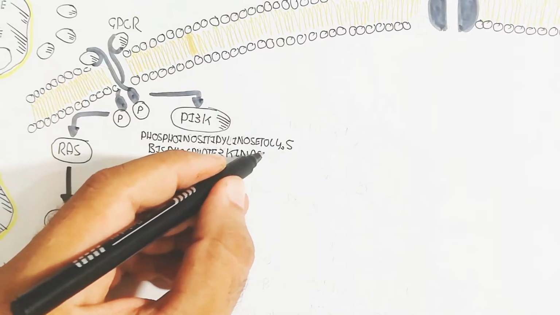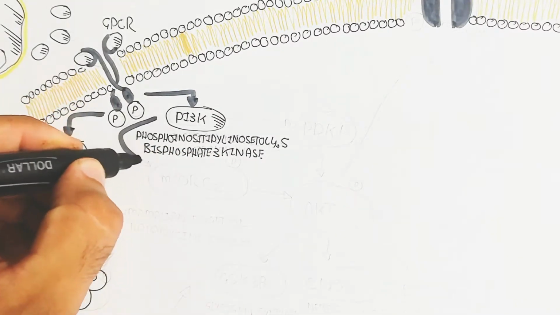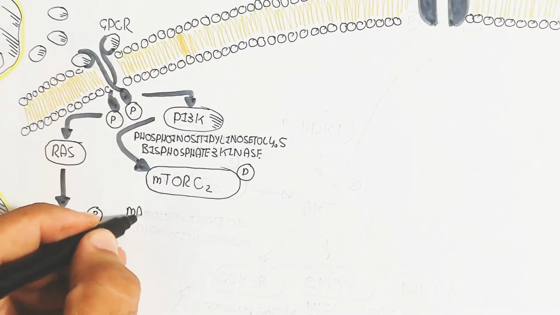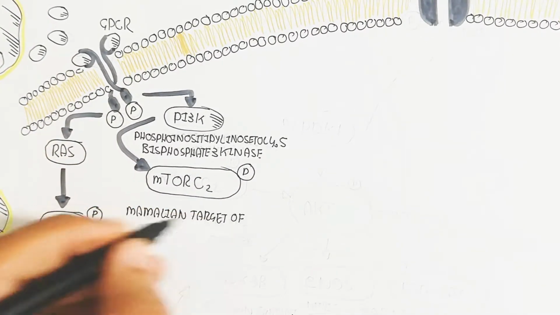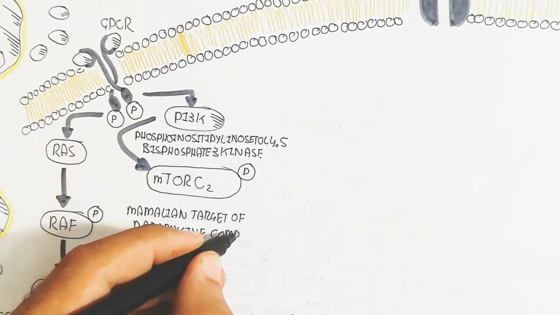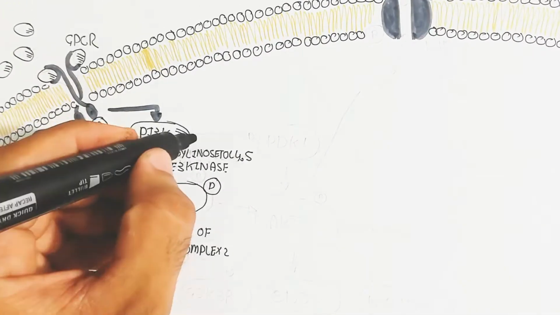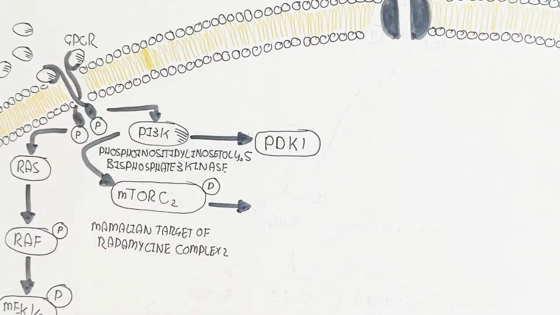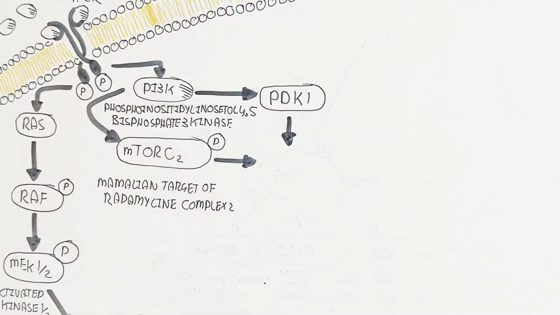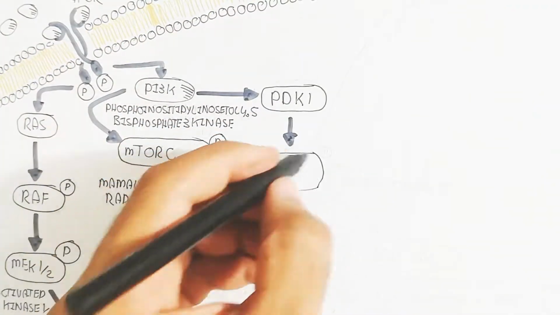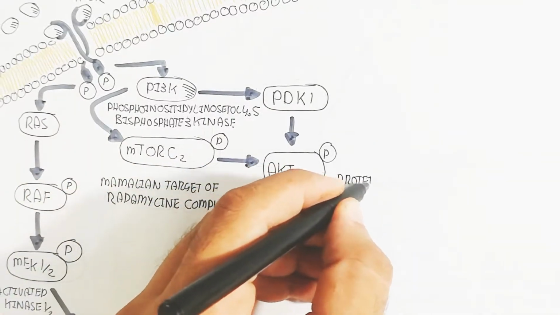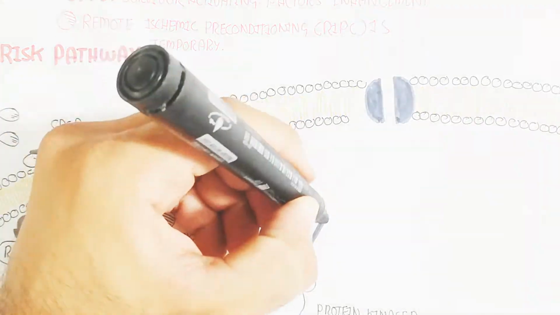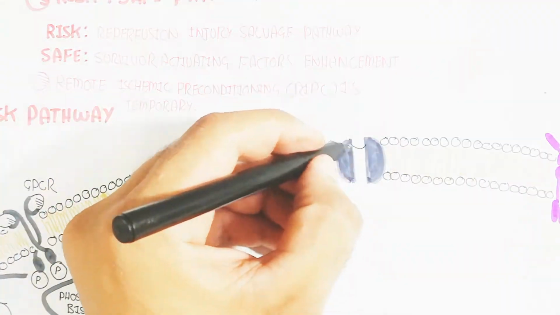On the other hand, phosphoinositide 3-kinase is used to trigger mTORC2, the mammalian target of rapamycin complex, for survival and protein synthesis, while the protein dependent kinase activates the AKT protein, protein kinase B. This phosphorylation leads to inhibition of the sodium proton exchange channel.